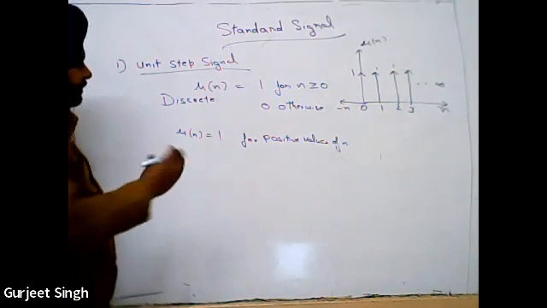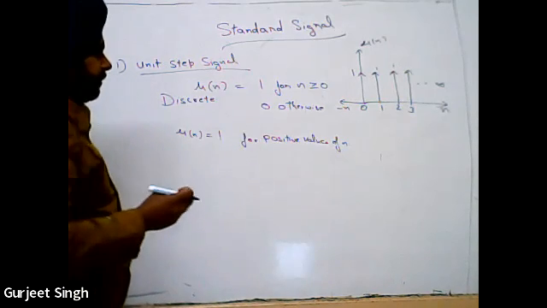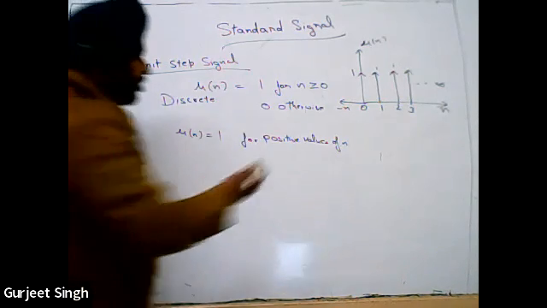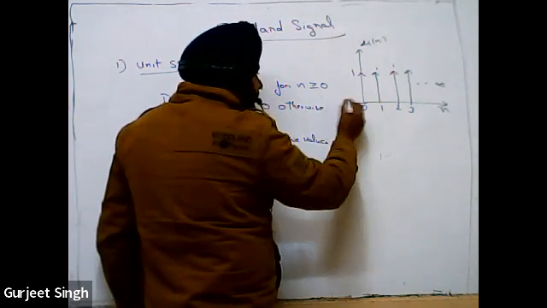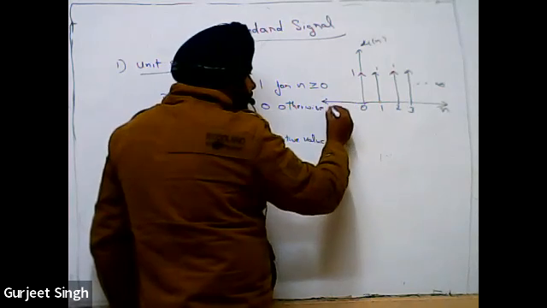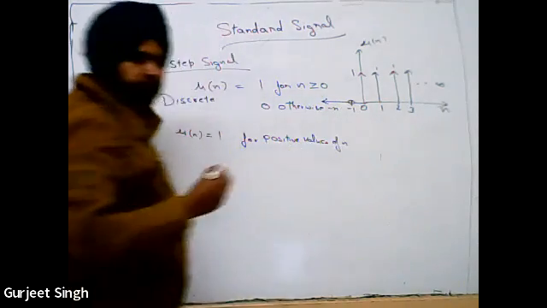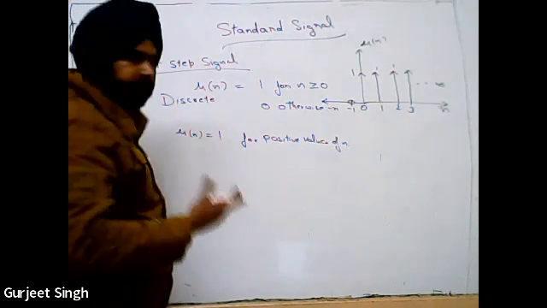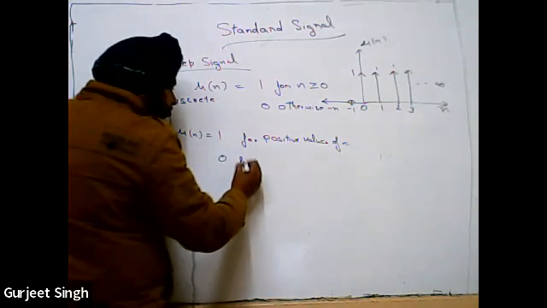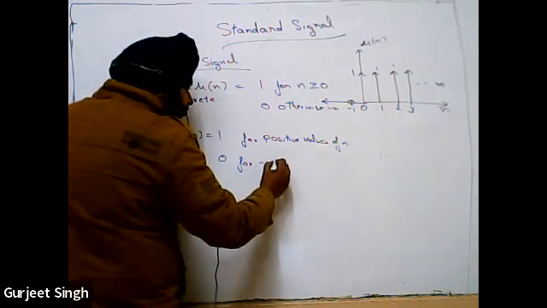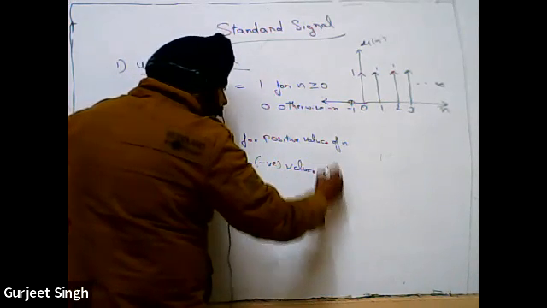u(n) value is 1 for positive values of n. For the negative values of n, if I represent this axis as minus n, this is minus 1, and its value here is 0. For minus 2 the value is 0. So its value is 0 for negative values of n.